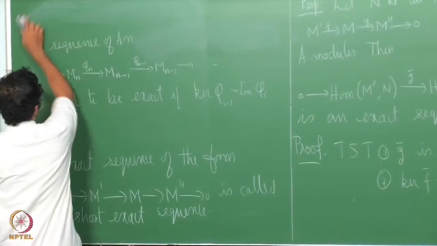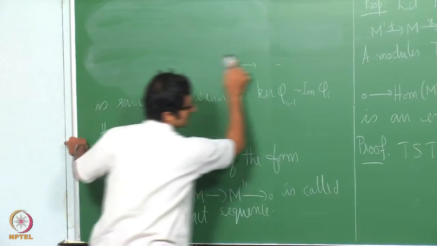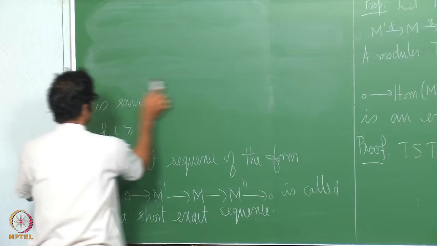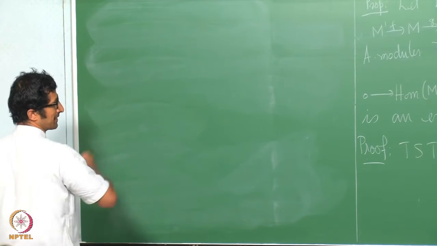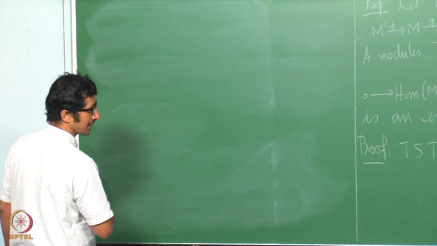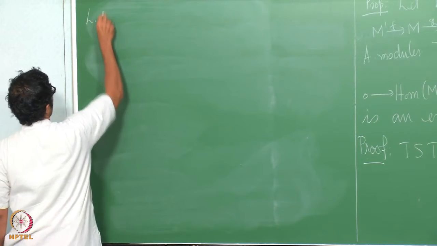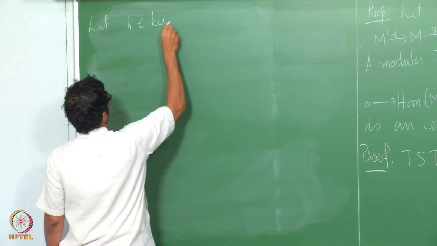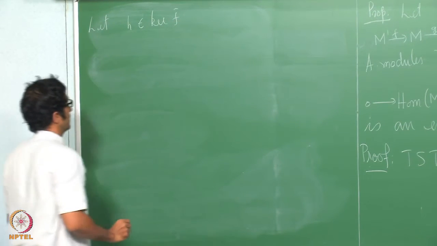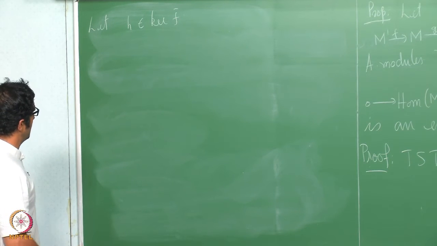Now, we want to show that image of G bar contains kernel f bar. So, let us start with an element in kernel of f bar. Let H be in kernel of f bar. So, what is this map?